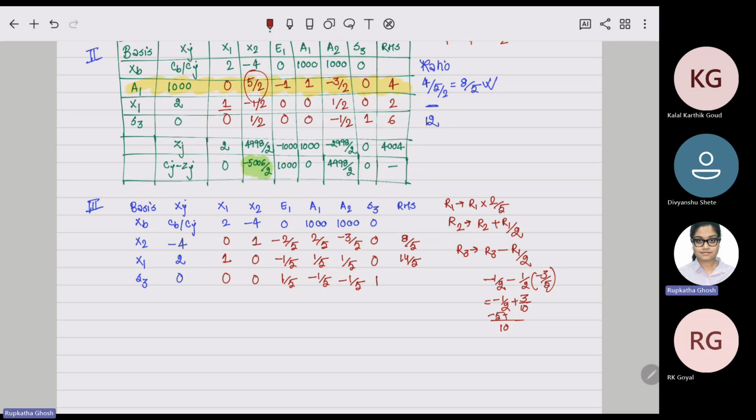And this becomes 6 minus half of 8 by 5, right? So 30 minus 4, 26 by 5. Okay, right. Got it?